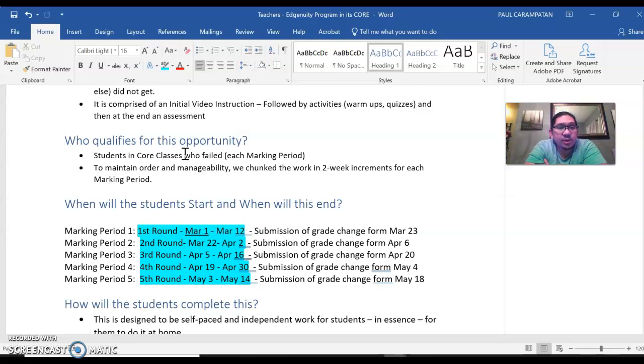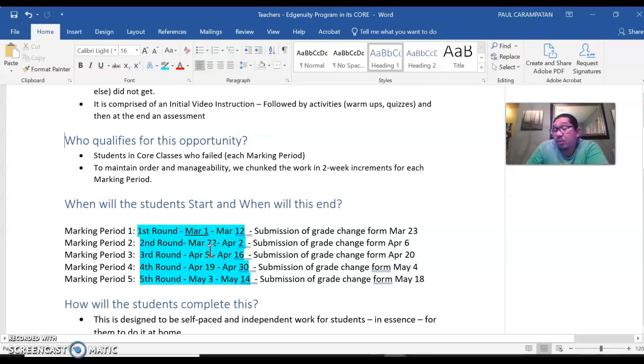For example, if a student was not successful in math in marking period one, and they're a sixth grader, or any grade level for that matter, if you failed anything in marking period one, you have 2 weeks to complete those courses, from March 1 till March 12th. And then so on and so forth. For marking period two, the dates will start March 22nd to April 2, etc.